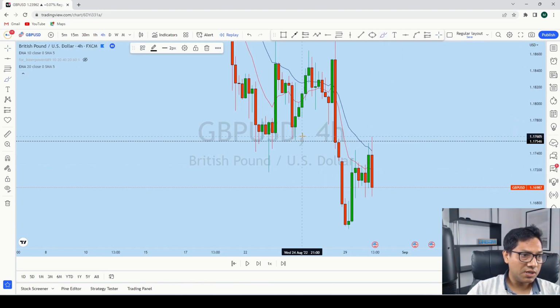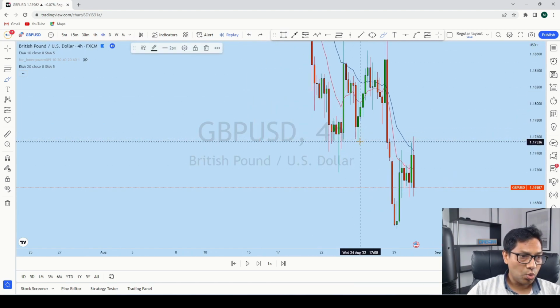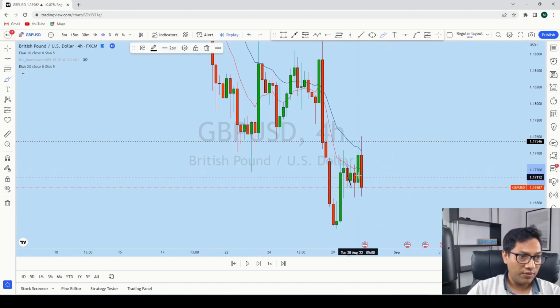This is the previous support, which is turning resistance, and this is where the main trade comes in. This one is more impressive because, firstly, see the rejection, how it happened: a big strong bearish engulfer that has tested the neckline of this reversal pattern.